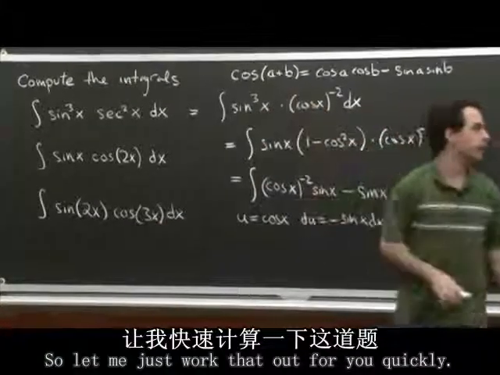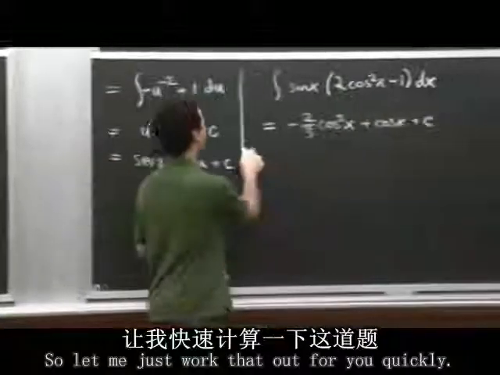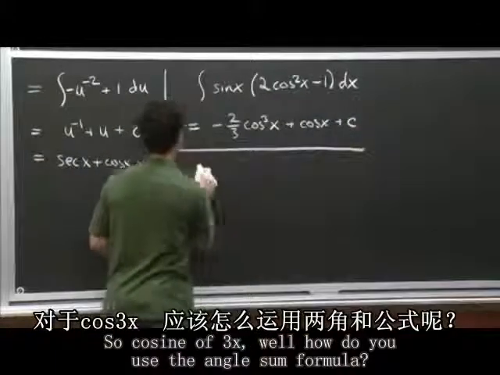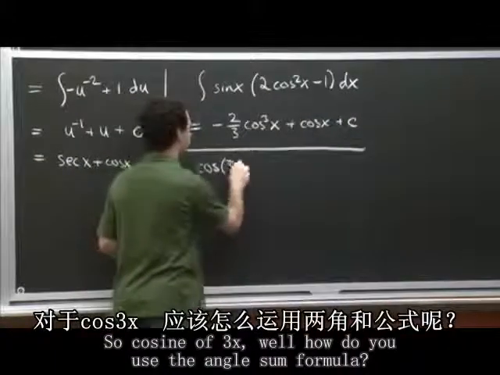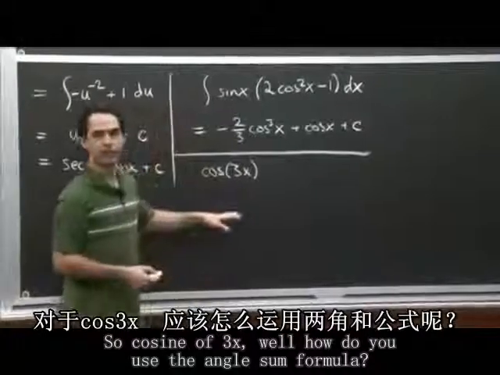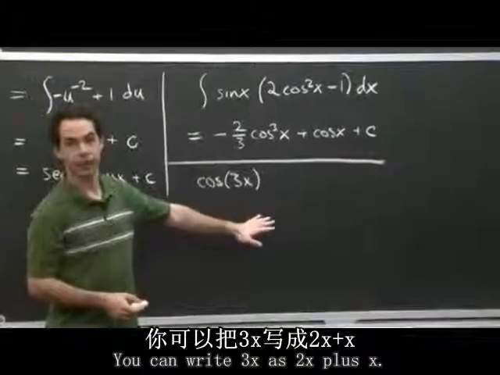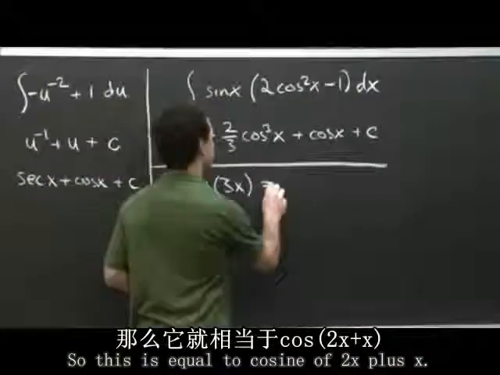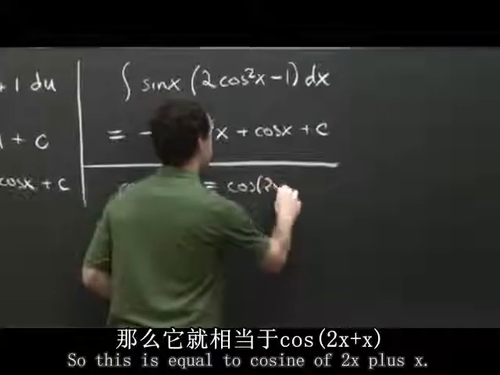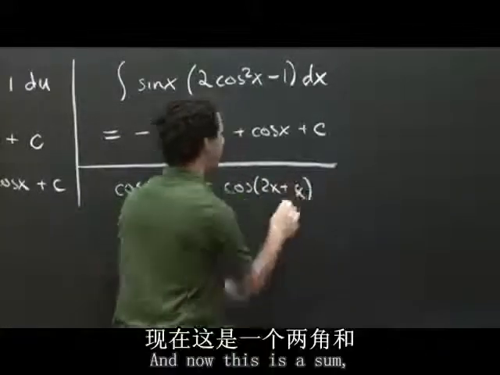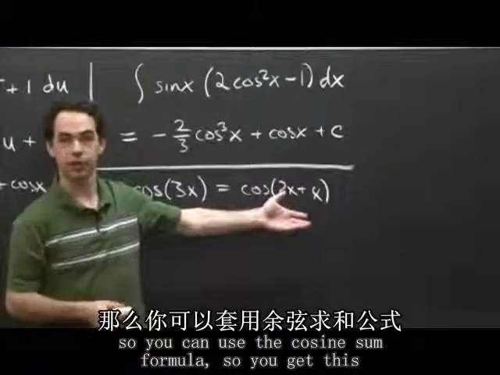So let me work that out quickly. Cosine of 3x: you can write 3x as 2x plus x, so this is cosine of 2x plus x. Now this is a sum, so you can use the cosine sum formula.